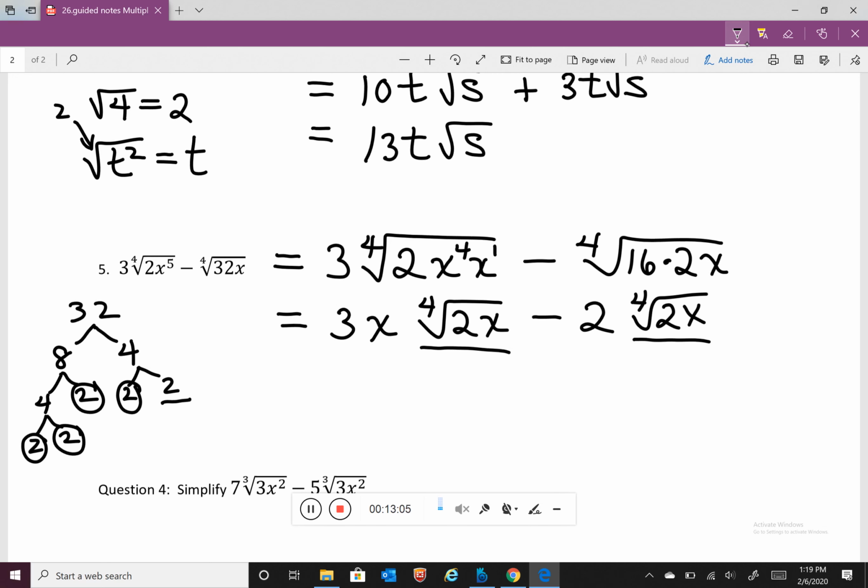We have the 4th root of 2x and the 4th root of 2x. But what's interesting about this problem is our coefficients are not like each other. So we're trying to perform the subtraction, but we're kind of stuck. But the next move that we can make is we can say that this is equivalent to 3x minus 2, and both are being multiplied by the 4th root of 2x. And that is the end of that problem.